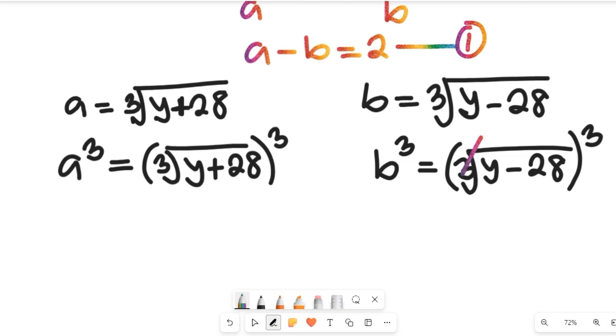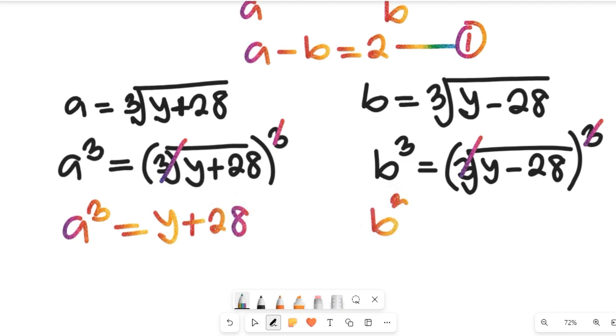So from here, you see that this cube root will clear the cube, and this cube root will clear this cube, and then we'll be left with a to the power of 3 equal to y plus 28. And we'll also have b to the power of 3 equal to y minus 28.